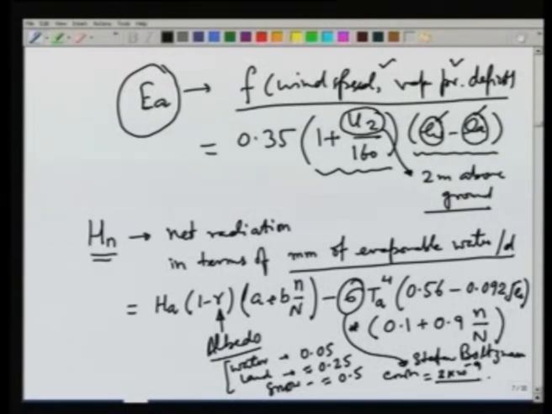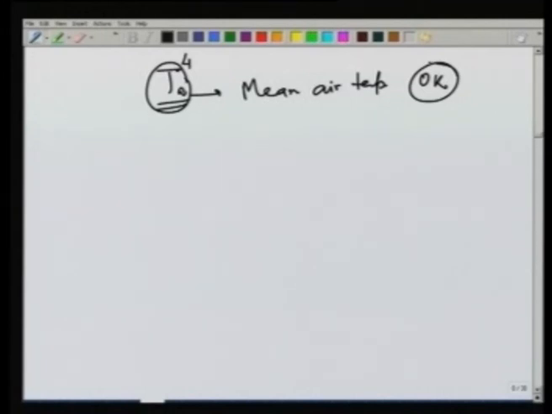So, this sigma value is used in combination with the absolute temperature, and as we know, it is T A to the power 4. So, this T A is the mean air temperature in degree Kelvin. As we know the Stefan Boltzmann equation, the radiated energy is proportional to the absolute temperature to the power 4.